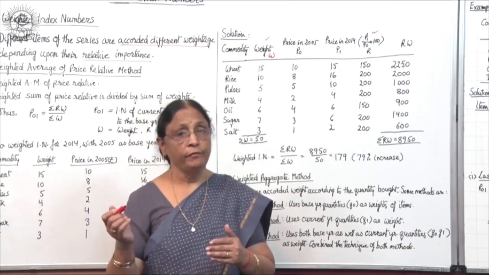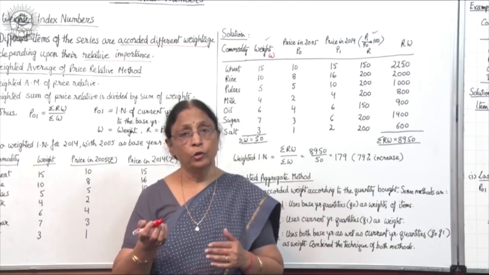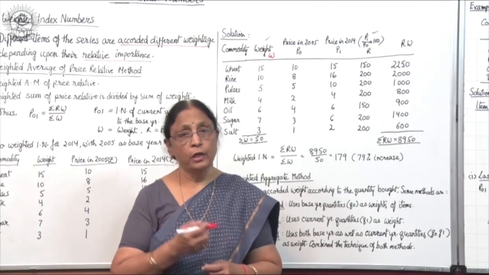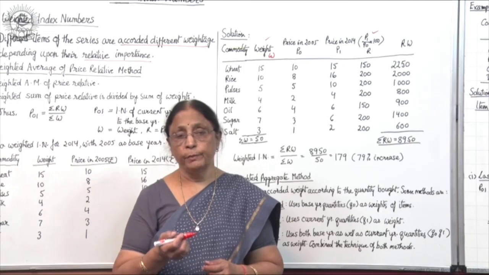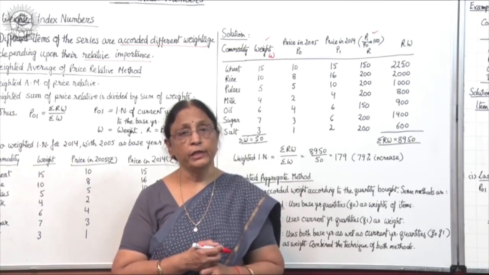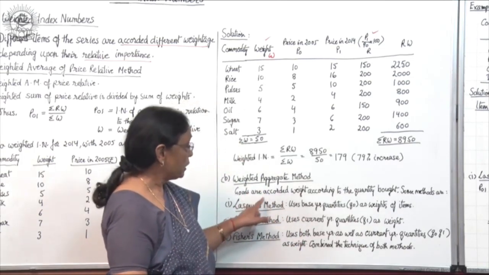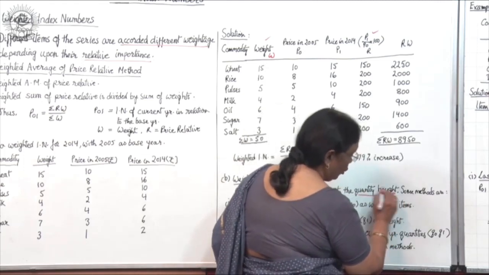We are not assigning arbitrary weights, but weights are on the basis of quantity purchased by the consumers. We see how many goods are being purchased at a particular price. What is the quantity being purchased? On the basis of that, we calculate the index number. So goods are accorded weight according to the quantity bought.